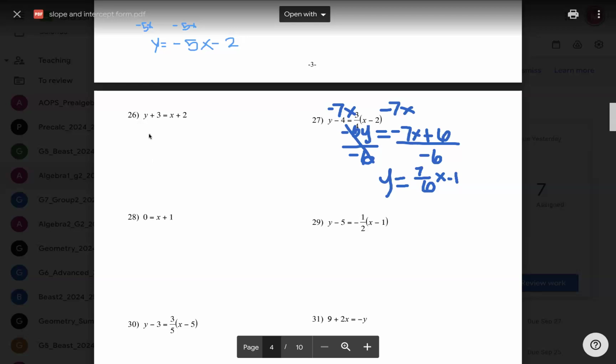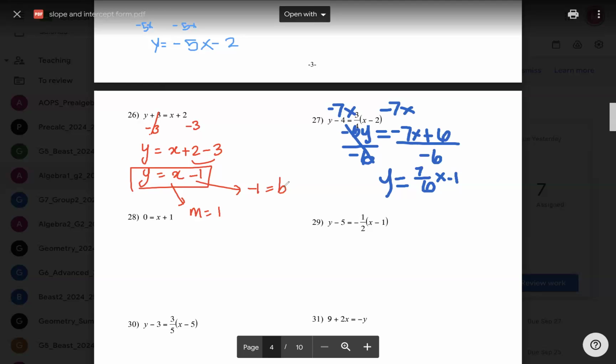Yeah. So it's minus 3 on both sides. You want y to stand alone, right? Yeah. And then it's y equals x plus 2 minus 3. So then you do 2 minus 3, and it's negative 1. Good job. So this slope is 1. Intercept is negative 1.